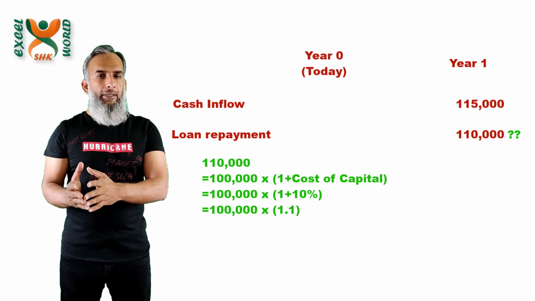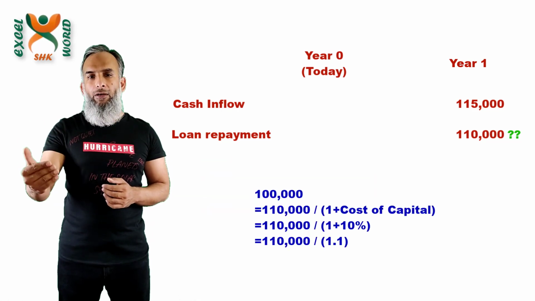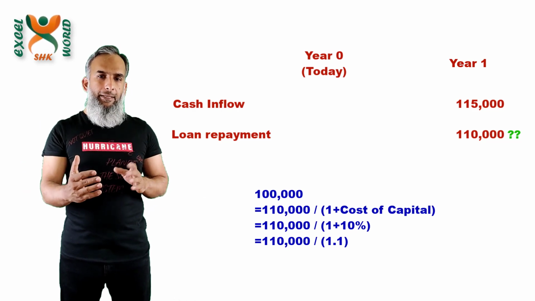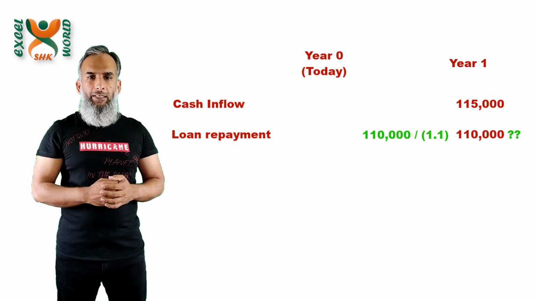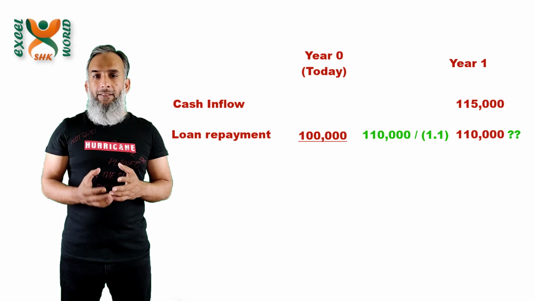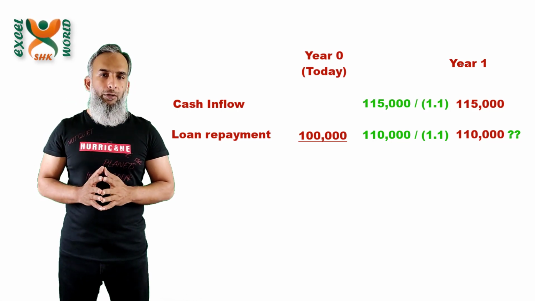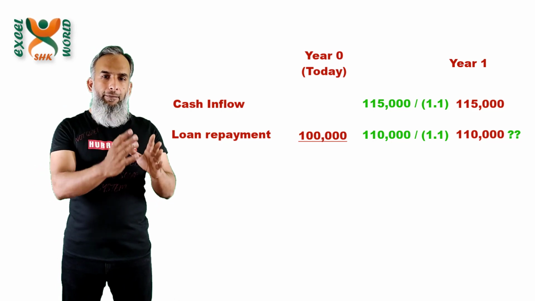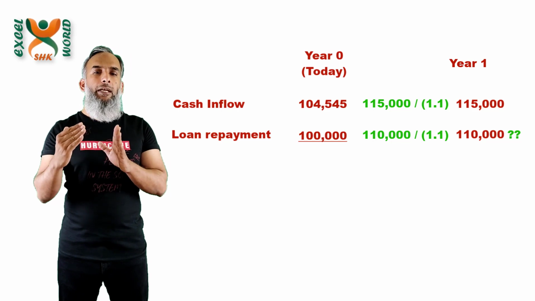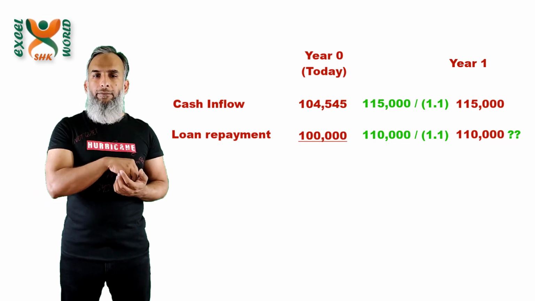Now you can again divide the 110,000 by 1.1, or by 1 plus the interest rate, and you will get the 100,000 back in today's value. And you can do the same with the 115,000 you generated from your business. Divide 115,000 by 1.1, or by 1 plus the cost of capital, and you will get your present value.